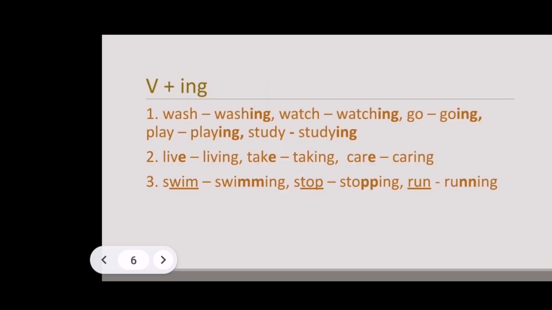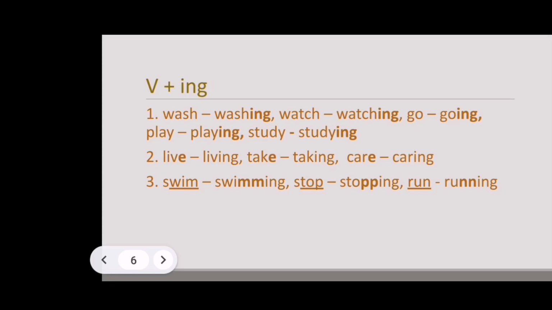How should we add this ing form? Mostly we just add these three letters ing: wash, washing, watch, watching, go, going, play, playing, study, studying. By the way, pay attention that in verbs like study, this time we don't change y into i. In the second point, we can see that if the last letter is the vowel e, then we omit it.